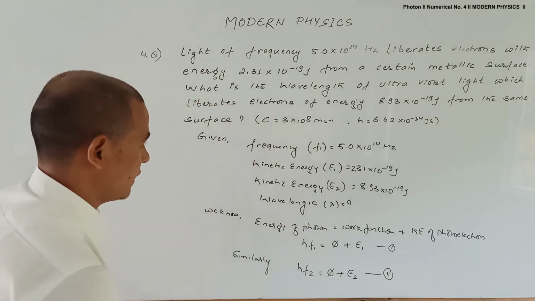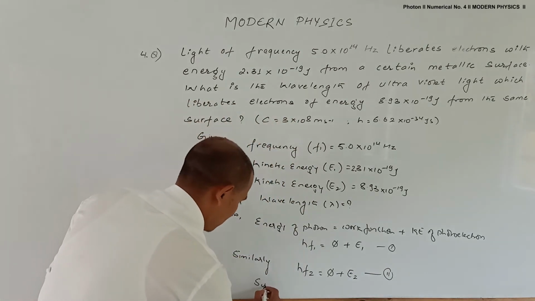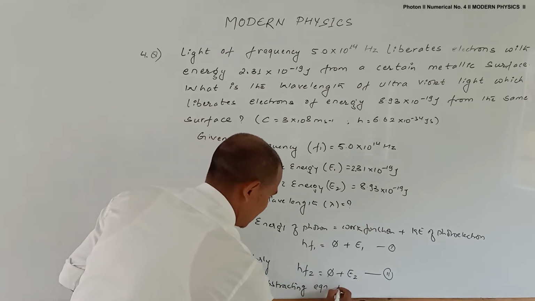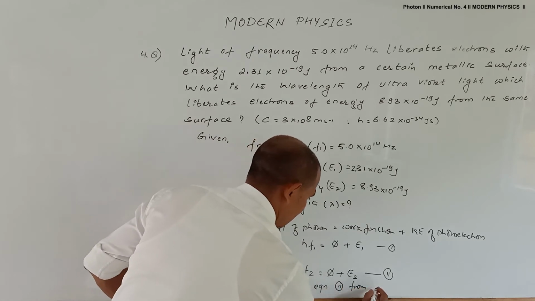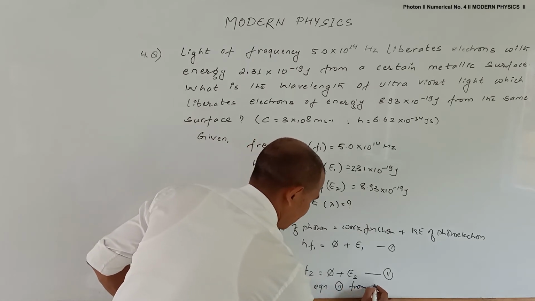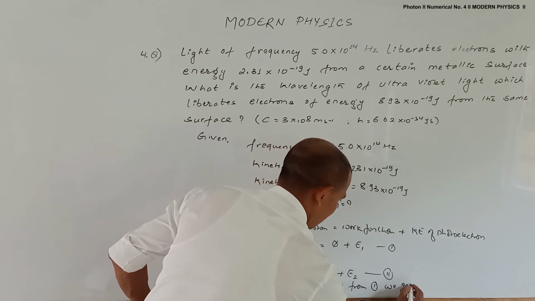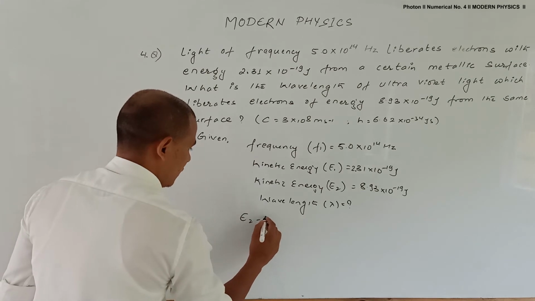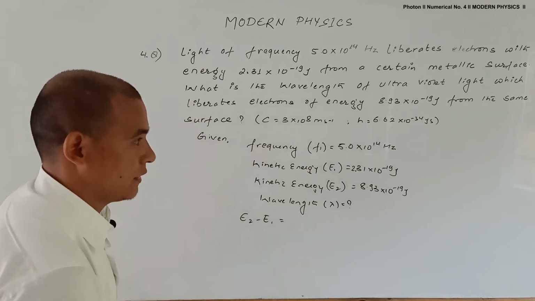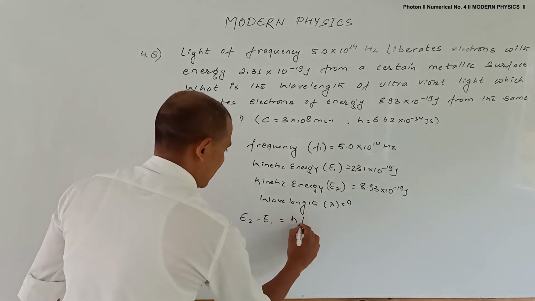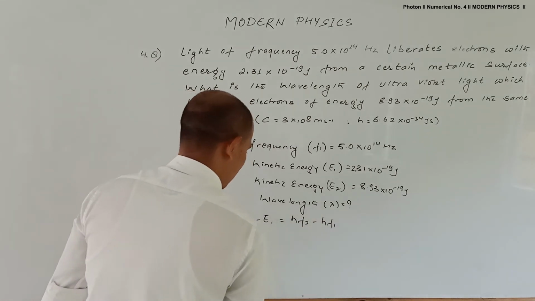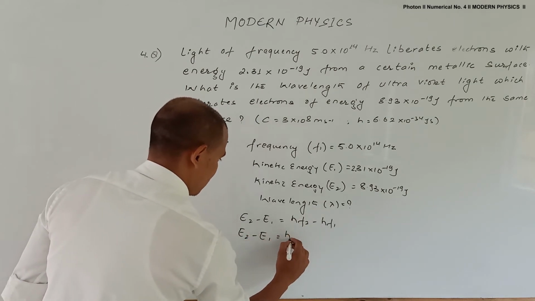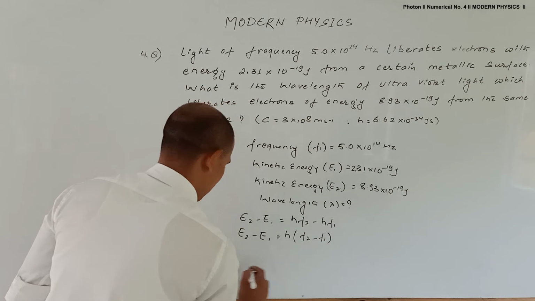Now subtracting equation 1 from 2, we get our new equation. E2 minus E1, phi gets cancelled, so hf2 minus hf1, or E2 minus E1, will be equal to h times (f2 minus f1).